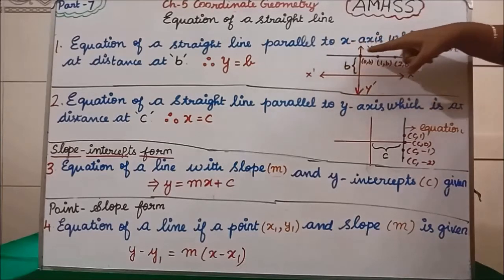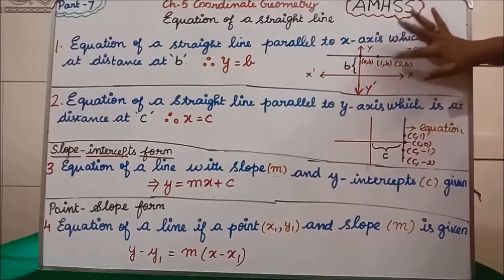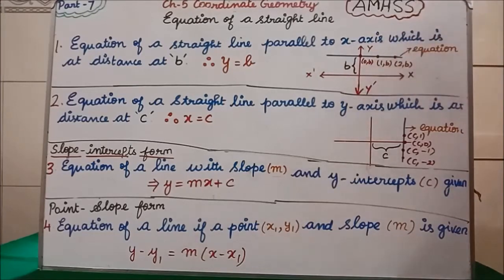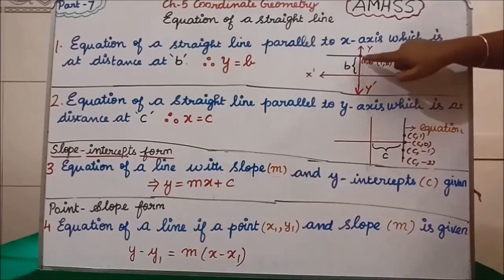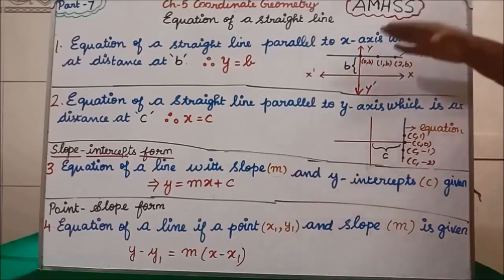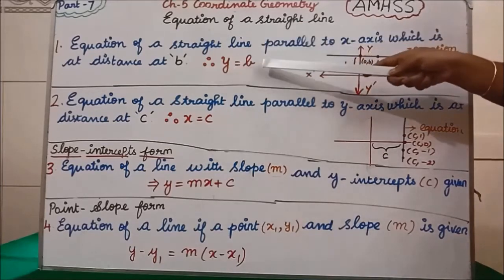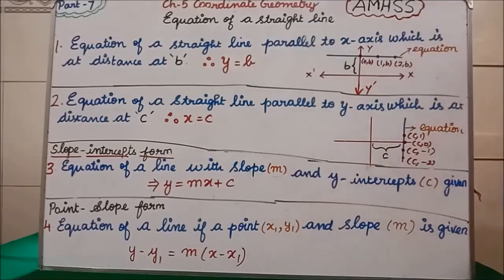For this I am drawing the straight line parallel to the x-axis. They are saying the distance is b. From the origin to this point the distance will be b. So everywhere this point is 0, b; here is 1, b; 2, b; like this it goes on. So when a line is parallel to the x-axis, we can say y is equal to b. Clear?